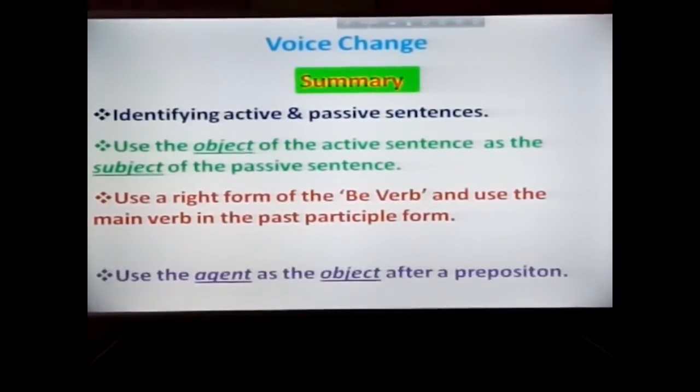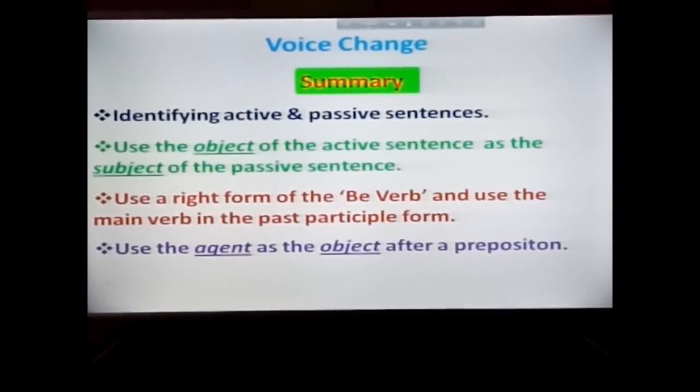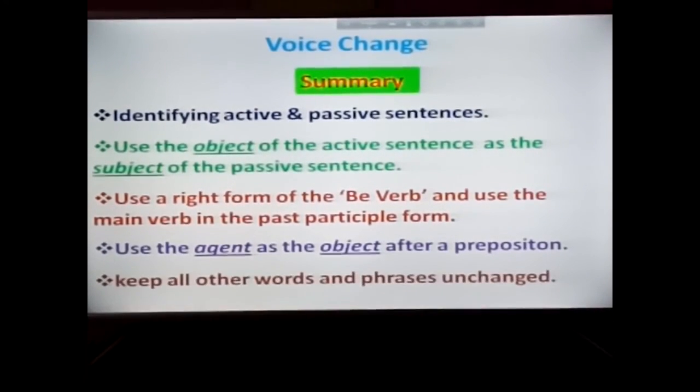Okay. Next, we have learned that the agent is used as the object in a passive sentence and it is placed after a preposition. Then we have learned that while changing an active sentence into passive, we work only with the subject, verb and object of the active sentence, and we keep all other words and phrases unchanged in the passive sentence.